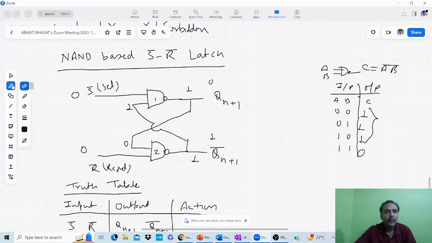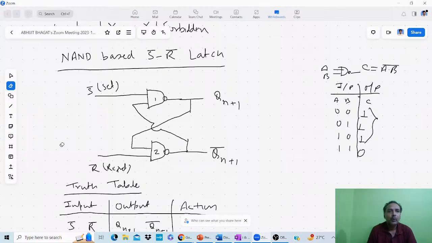Next we consider the next one. So 0 1, your S is 0 and R is 1.